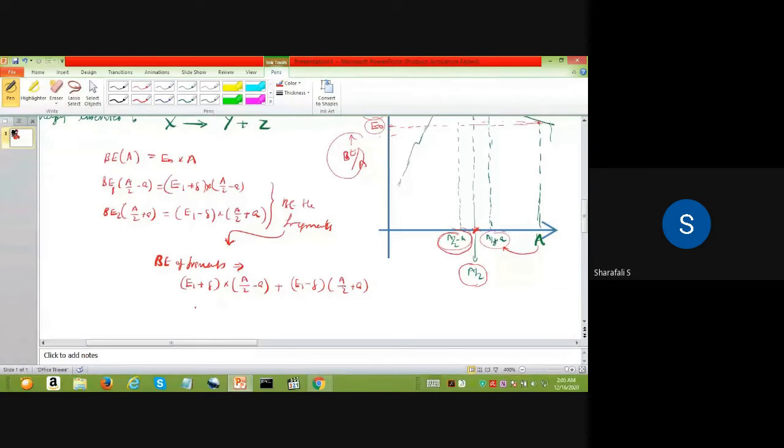If you further reduce this, it will come as E1 into A by 2.